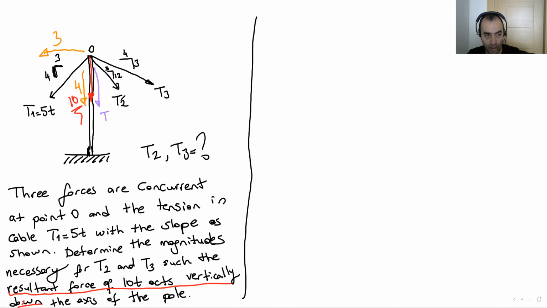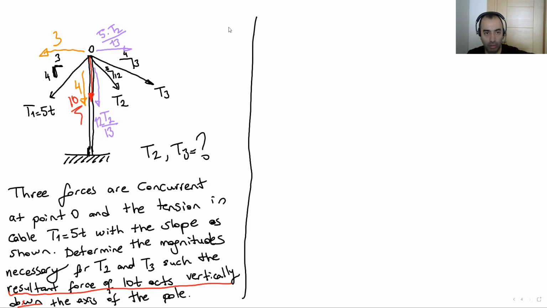We have T2 proportional with 13, so 12 times T2 over 13 is the vertical component. The same is for the horizontal component: 5 times T2 over 13. So these two are for T2.